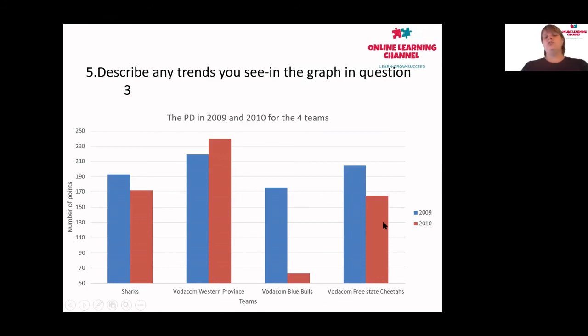So if you look at this, you can see that the Blue Bulls did worse in 2010 than they did in 2009. You can see the VP did better in 2010 than they did in 2009. You can also see that except for the Blue Bulls, the rest quite kept the differences over the 2 years. There's not a lot of difference between one year and the second year, except for the Bulls. You can see the Bulls really had a lot of difference between 2009 and 2010.